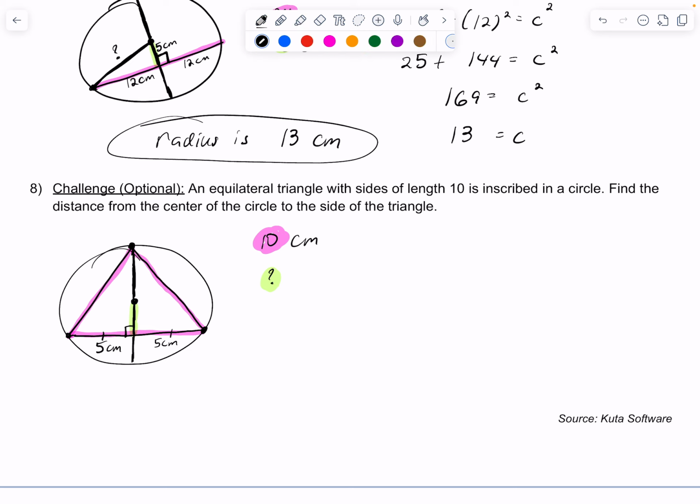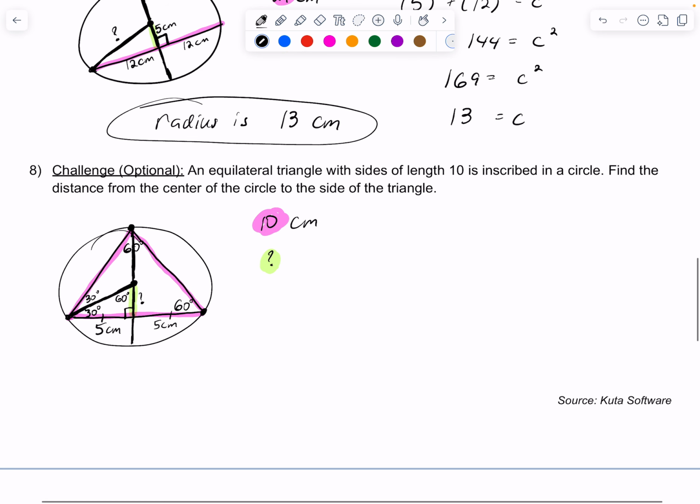All right, and if I draw, just like I did before, another radius, you should hopefully remember that each of these angles in an equilateral triangle is 60 degrees. So if I take this radius and draw it to bisect that, then each of these is going to be 30 degrees. And so basically what this becomes is a 30, 60, 90 right triangle that I can use to find this side here.